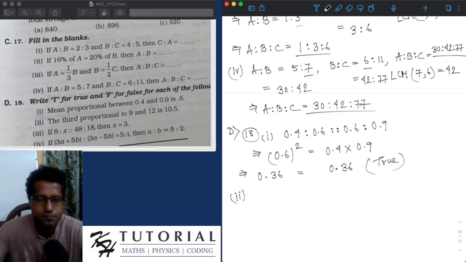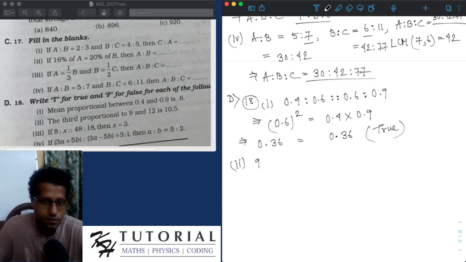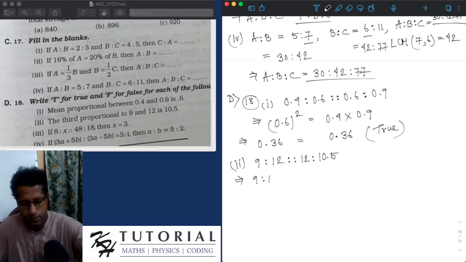Let's do part 2. It is saying that the third proportional to 9 and 12 is 10.5. This means that 9 is to 12 is the same as 12 is to 10.5.